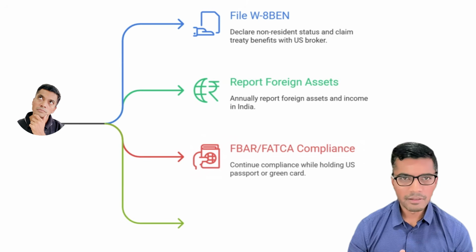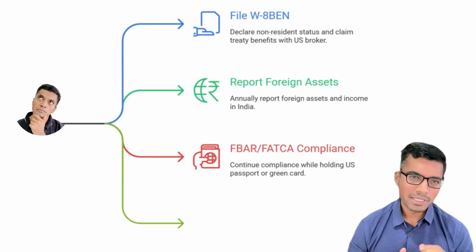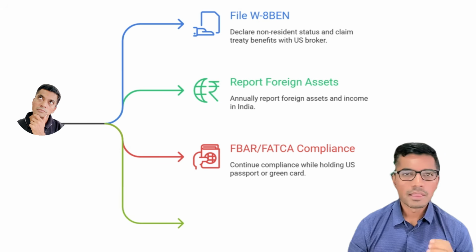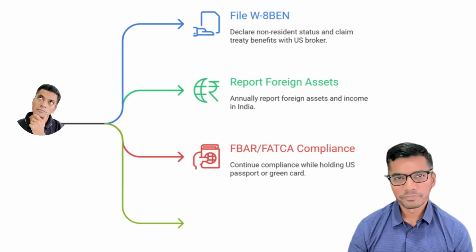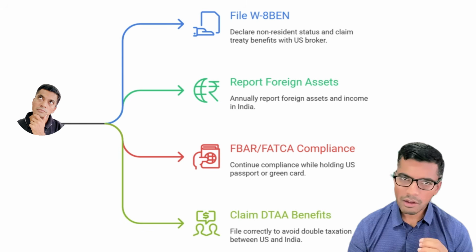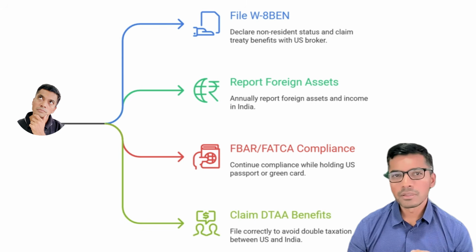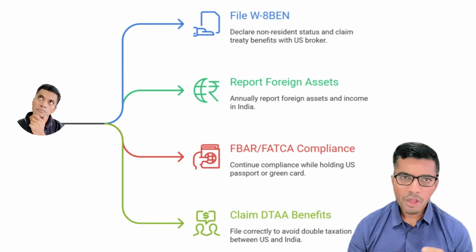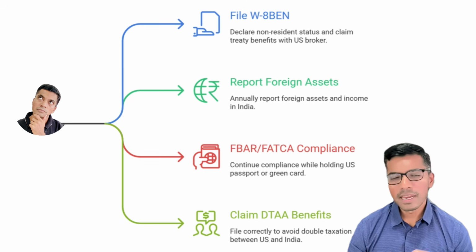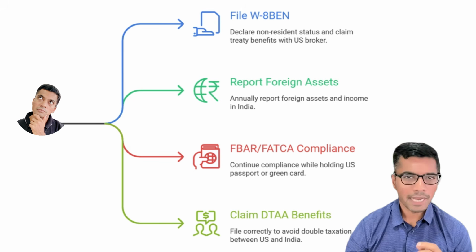FBAR and FATCA. Once you become a non-resident of US and not a US citizen, you don't have to file FBAR. However, if you are a US citizen or a green card holder, the compliance continues. And finally, the double taxation avoidance agreement. This treaty between US and India prevents you from paying taxes twice, but you need to file the forms correctly to claim the tax credits.